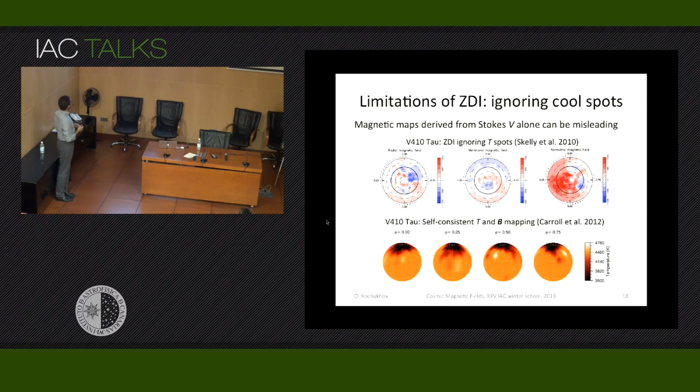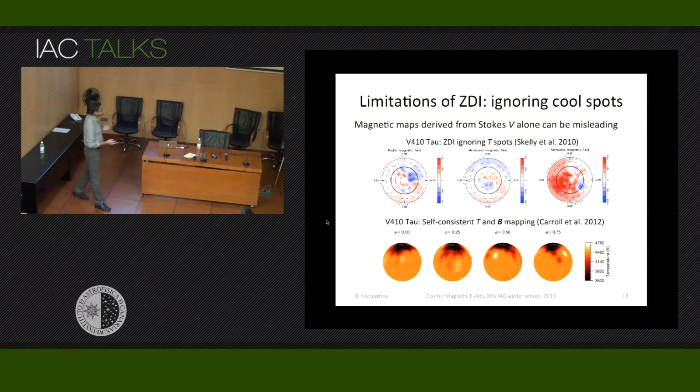So one very serious limitation that was affecting essentially 90–95% of all published maps is that when reconstructing the magnetic field from Stokes V data, people simply ignored the presence of cool spots. So they treated formation of spectral lines using simplified formulas as if these lines are forming in an unspotted photosphere.